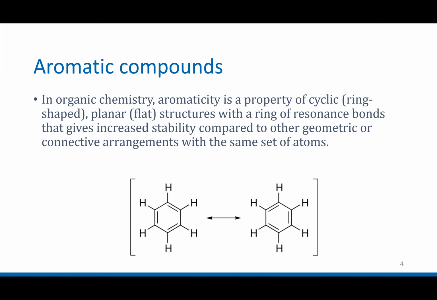We're not going to get too much into this in this course, but if you were doing an organic chemistry course in a university, you would study resonance more deeply. But resonance is the idea that these double bonds in the ring, I'm drawing down here, can move around the ring.